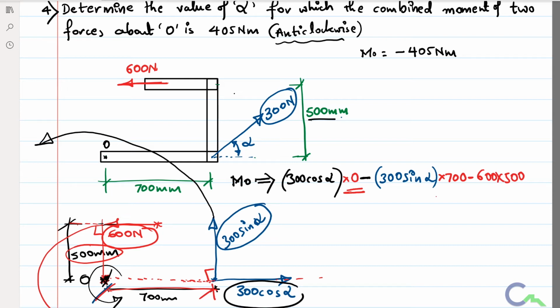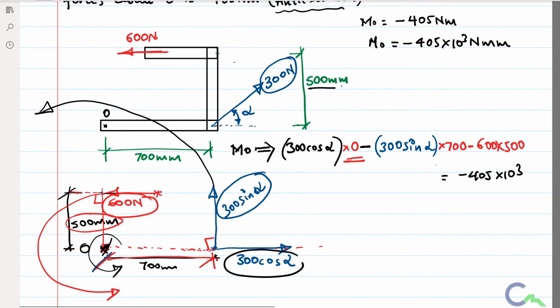So I will convert MO into Newton millimeter, that is minus 405 into 10 to the power 3 Newton millimeter. Because all the values are in millimeter, I will substitute here. This first term will become 0 when multiplied by 0.